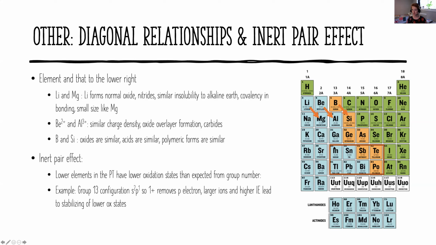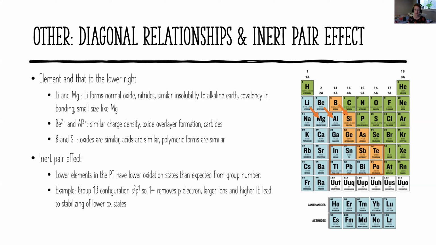But the problem is that the indium and thallium actually prefer to take a +1 oxidation state. The tin and lead compared to silicon 4+, germanium 4+, tin 2+, lead 2+. If we think about nitrogen and phosphorus, we think about those taking like a 5+ form, but antimony 3+, bismuth 3+.